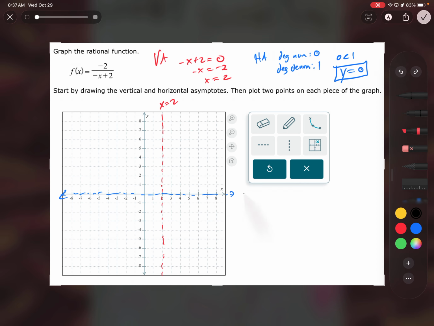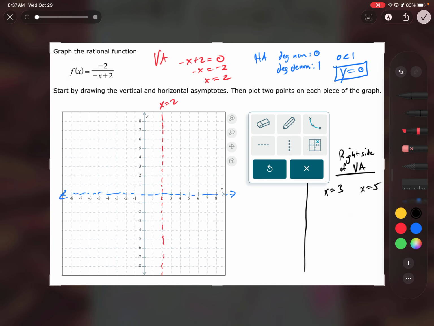So I'm going to plug in x equals 3 and x equals 5 for the right side. All right, so this is the right side of x equals 2, the right side of the vertical asymptote.